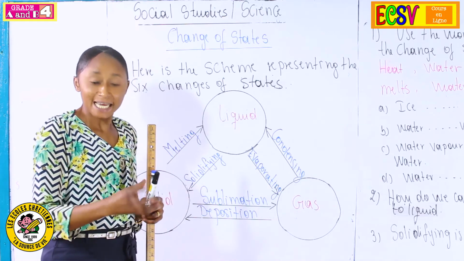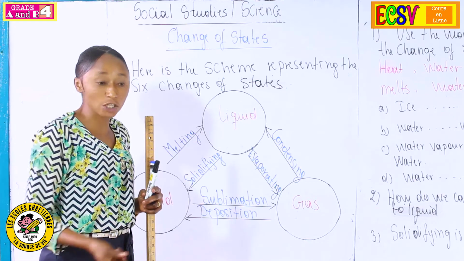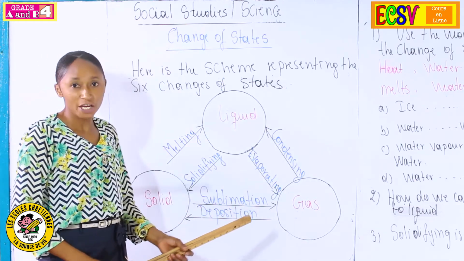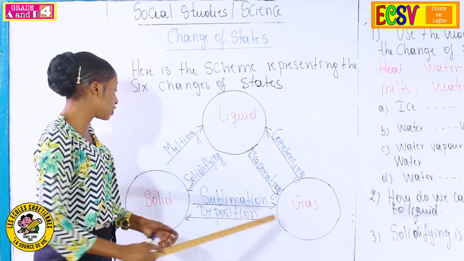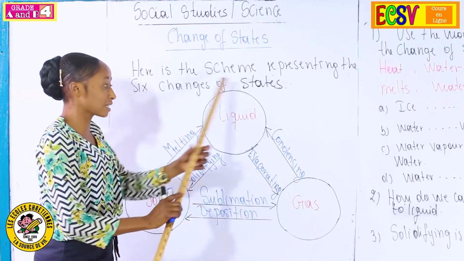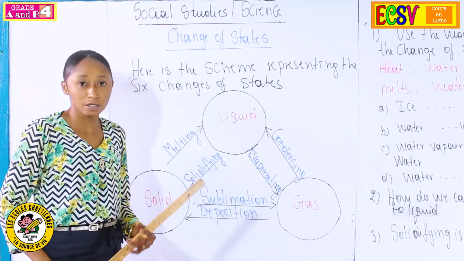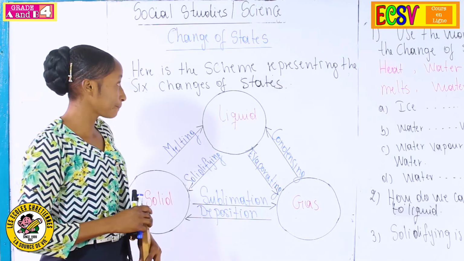You see that the gas is coming from the glass going up, and that is what we call sublimation. And the last one is gas to solid without passing through the liquid state. We talk about deposition, already explained in the previous lesson.